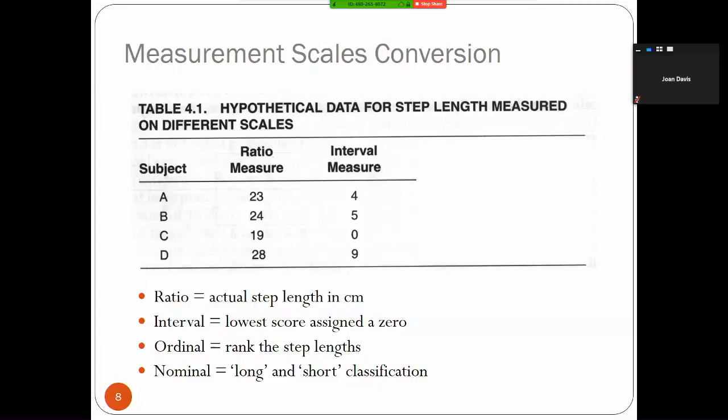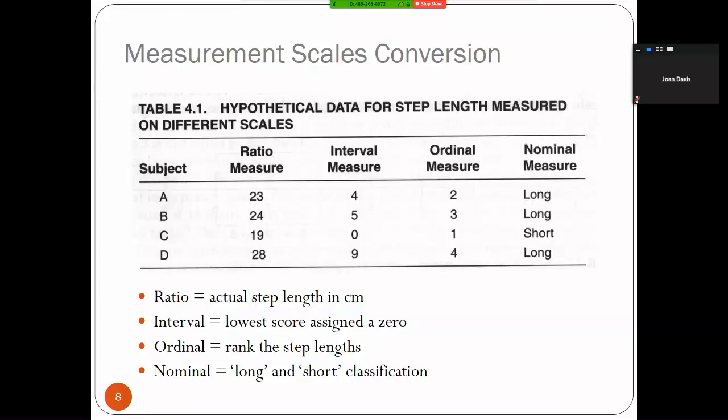We can dumb that down a little bit by selecting the shortest step length for subject C, 19 centimeters, and then measuring the difference between baseline 0 at 19 centimeters and the other measurements. So we can convert that to an interval type measurement. Or we can rank order them and convert it to an ordinal measurement, first, second, third, fourth.